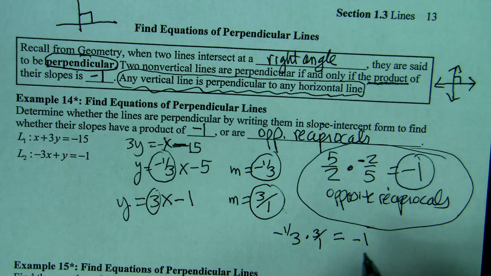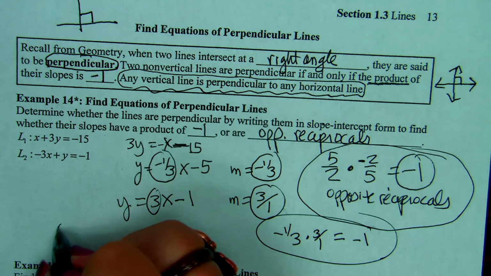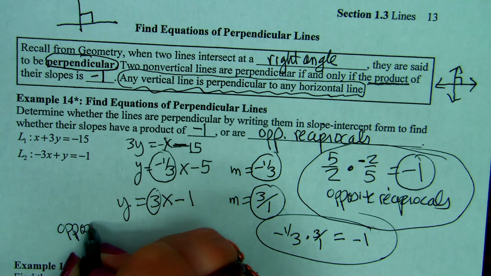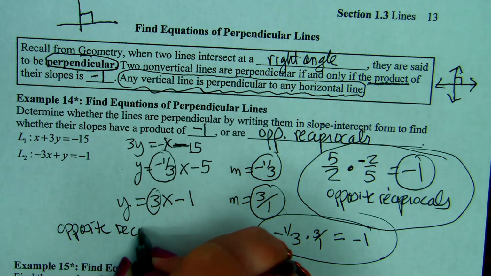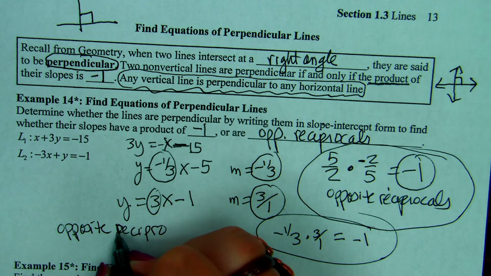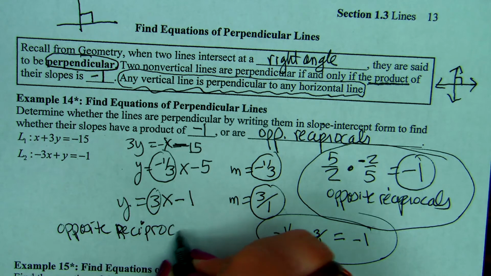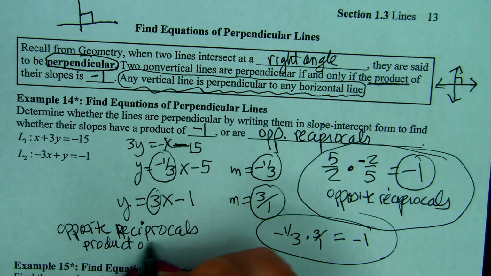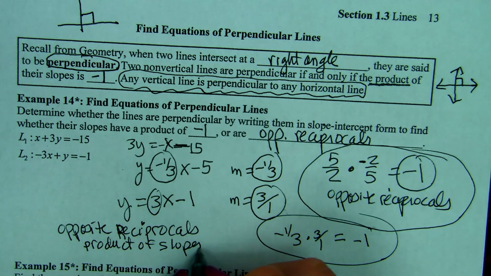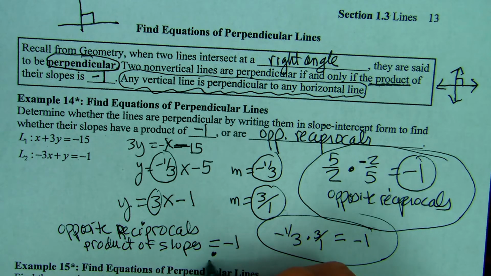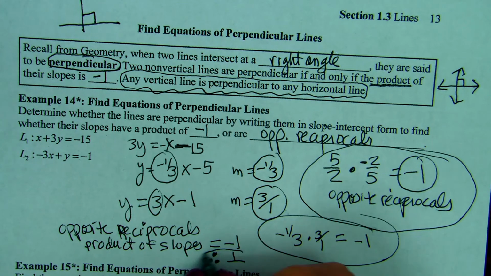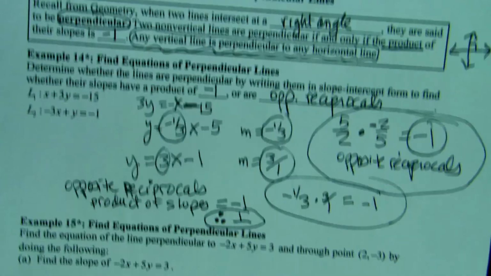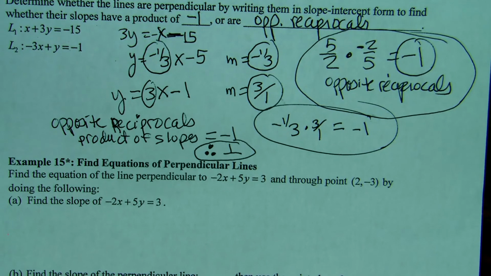Negative 1. So they're opposite reciprocals. Product of slopes equals negative 1. Therefore, the three dots mean therefore they're perpendicular. They're perpendicular because their slopes are opposite reciprocals, or the product of their slopes is negative 1.